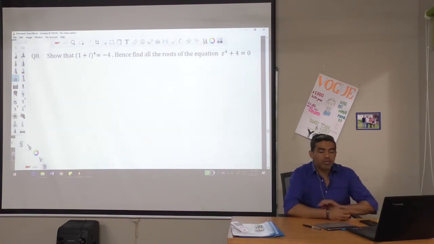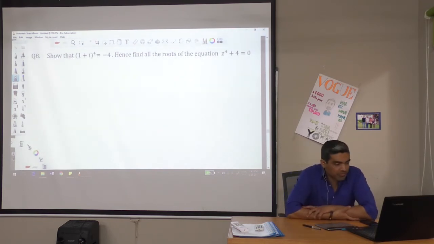I think the first part you can do very easily. You just have to show that 1 plus i to the power 4 is equal to minus 4. That shouldn't be a problem. Just use simple binomial expansion, a plus b to the power 4.